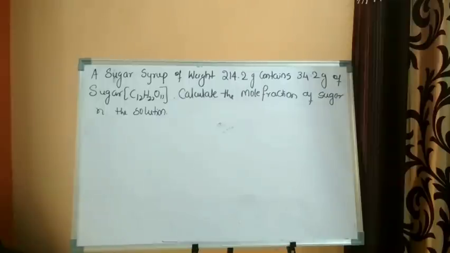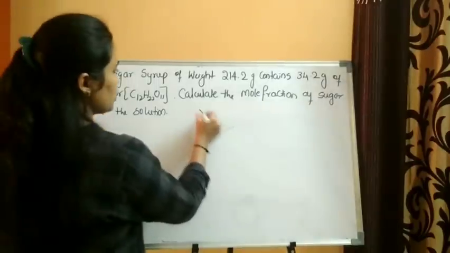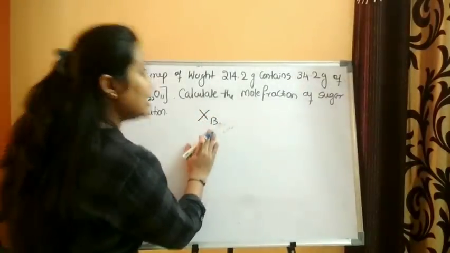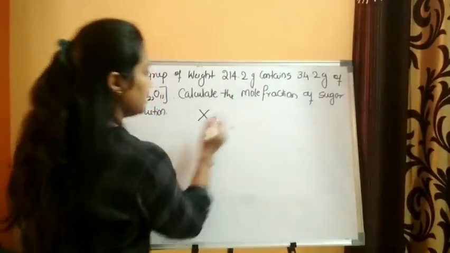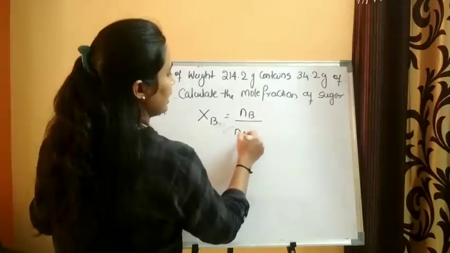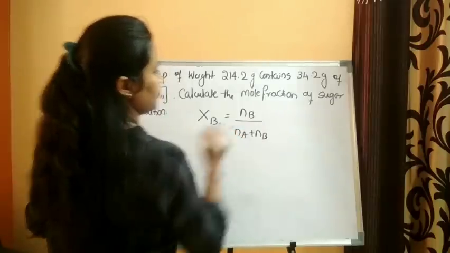In a given sugar solution you need to find out what fraction of sugar is present. So what is the formula we are going to use here? Quite simple, you know the formula. Since you are finding the mole fraction of a solute, sugar, I have taken B here. So the formula is Xb = Nb divided by Na plus Nb.